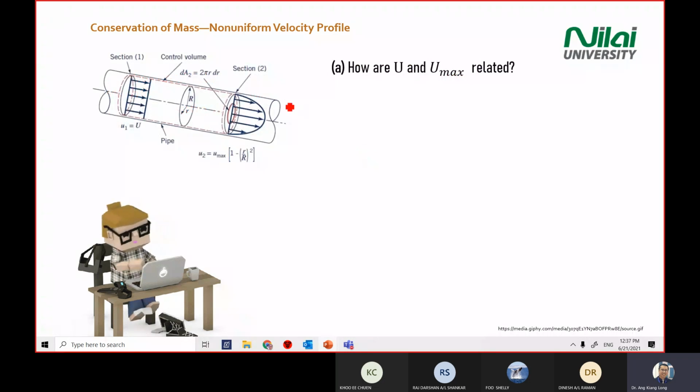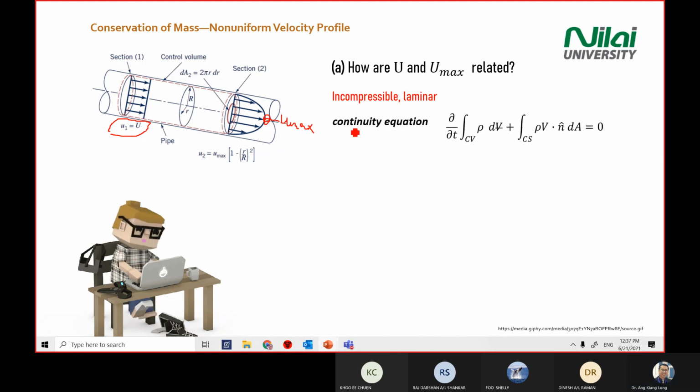Let's try to solve the first one. How do we relate U with U max at the center here? The first keyword we use is incompressible laminar. Since we are deriving the equation from this chapter, you write the continuity equation, which is the integration over the control volume plus the integration over the control surface.